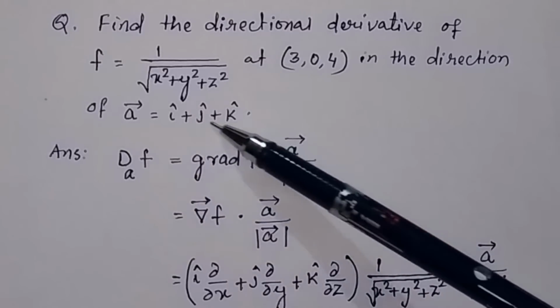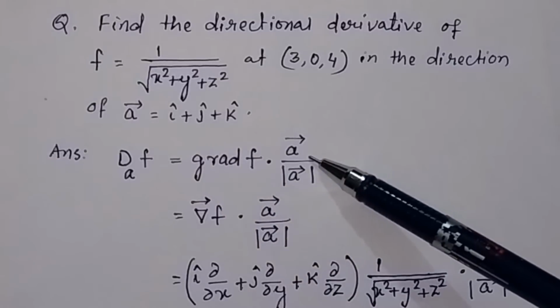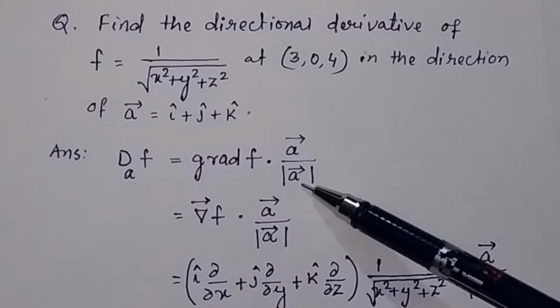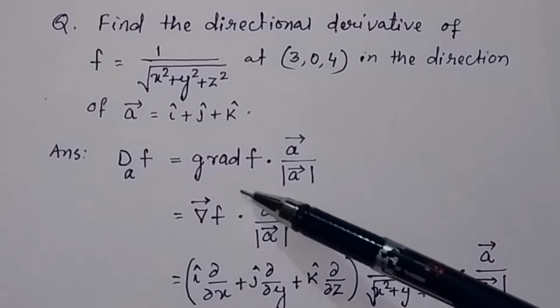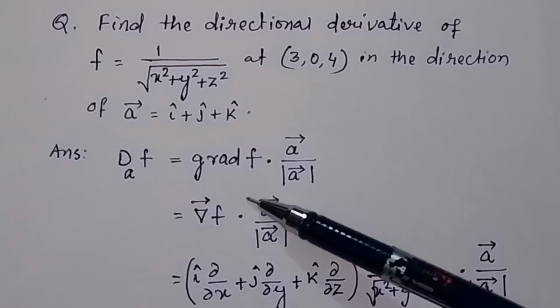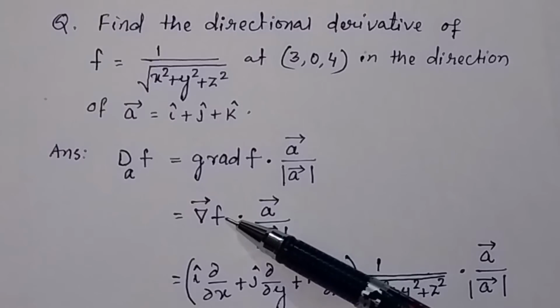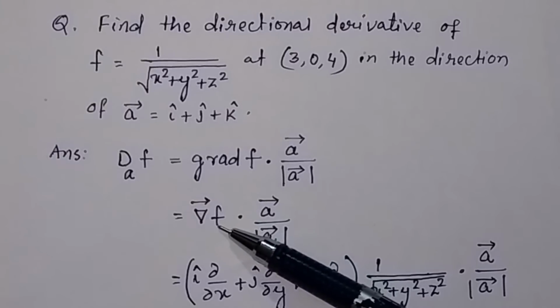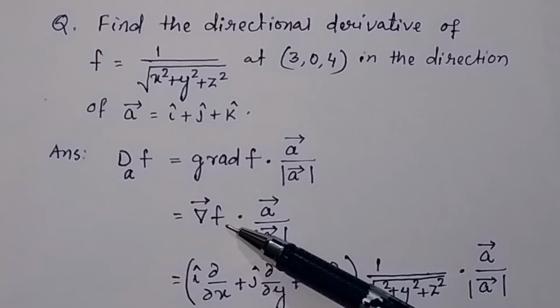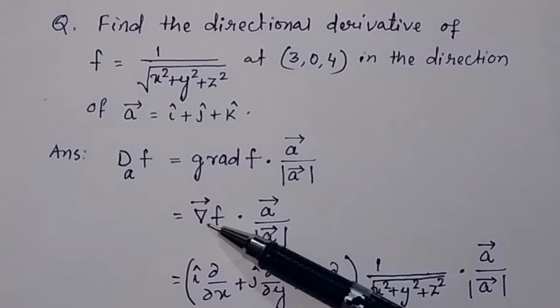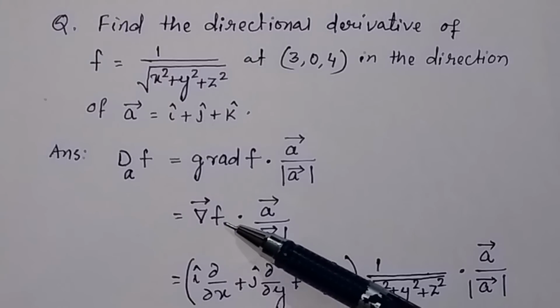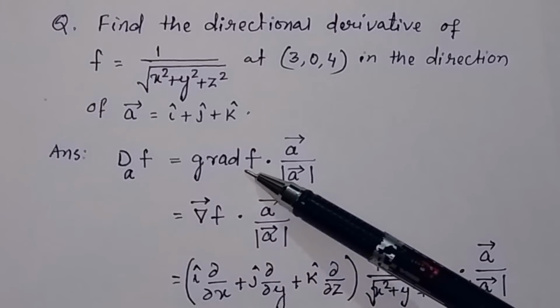The unit vector along the vector a is equal to vector a divided by the magnitude of vector a, and the gradient of a scalar function can be defined in terms of the del operator, that is del of the scalar function phi, where del is the vector operator. When the vector operator del operates on the scalar function, it gives the gradient.